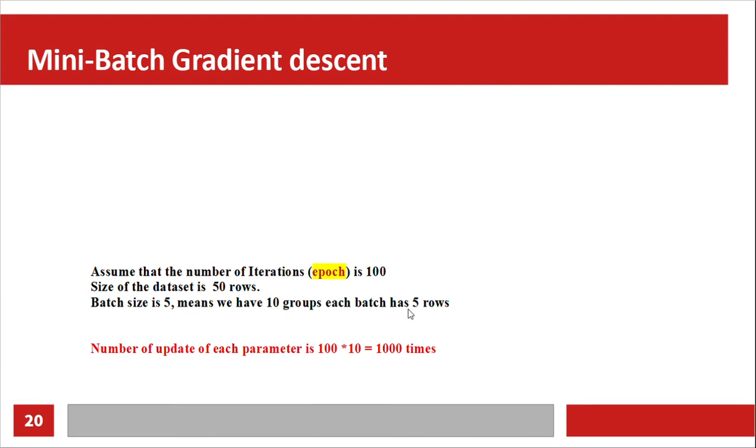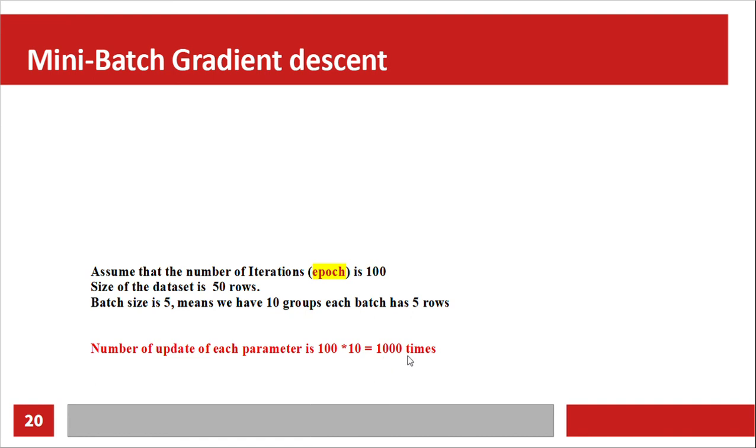Assume that you have the same 100 iterations, and in our dataset we have 50 rows. Assume that we have 5 batches, so the batch size is 5. It means that we have 10 groups or 10 rows in each batch. So now the number of updates for each parameter is 1000 times.